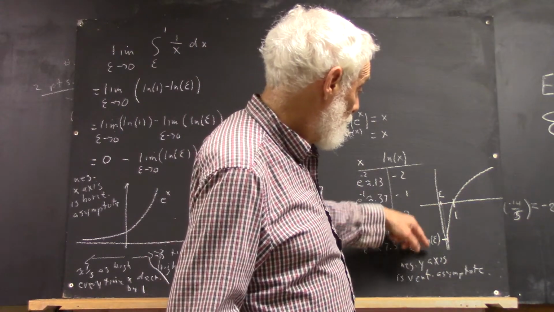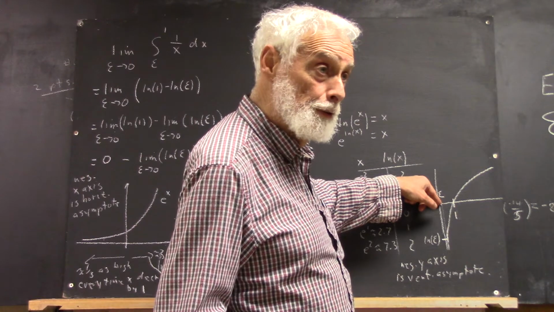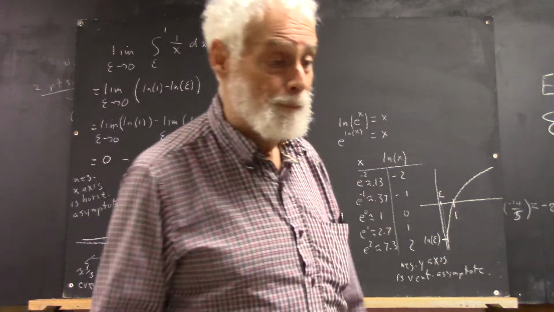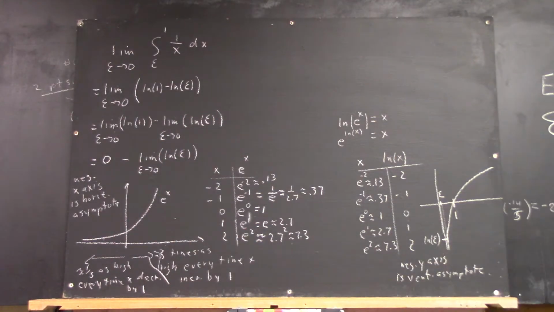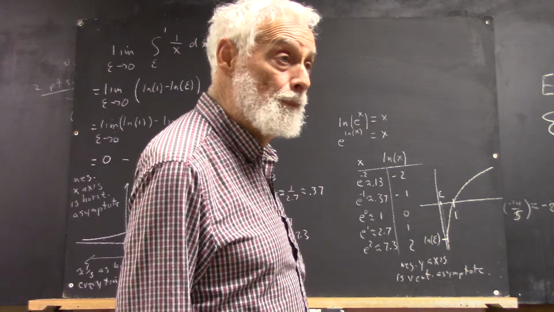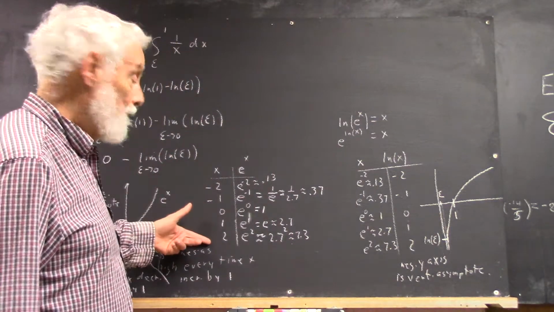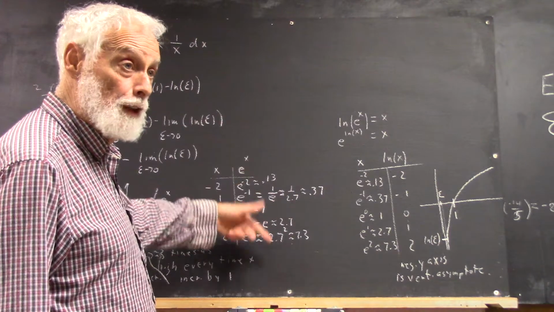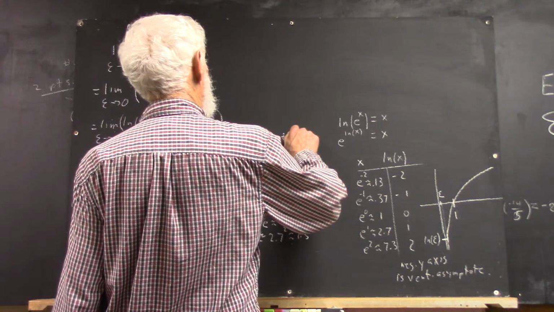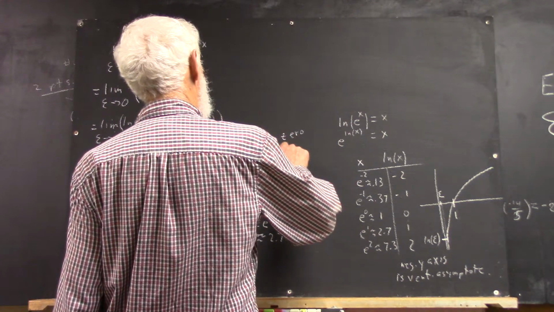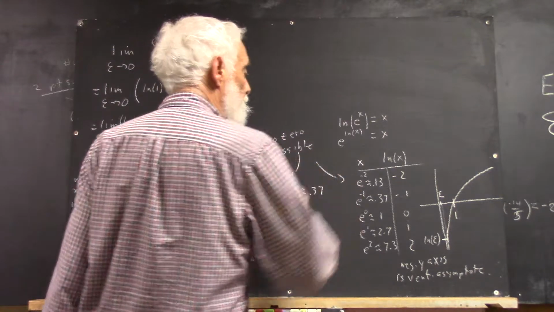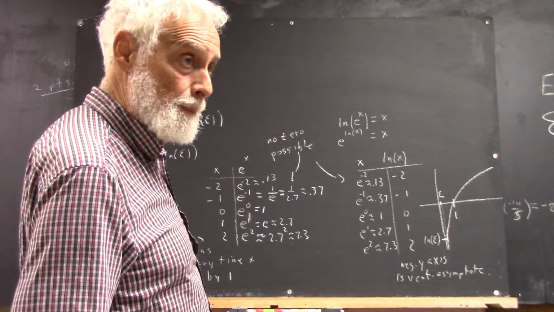Is there any limit to how far this point will go down as epsilon approaches 0? Zero is the limit? Well, this function isn't even defined when epsilon equals 0, because there's no 0 in this column, right? Yeah. So there's no 0 here. Okay?